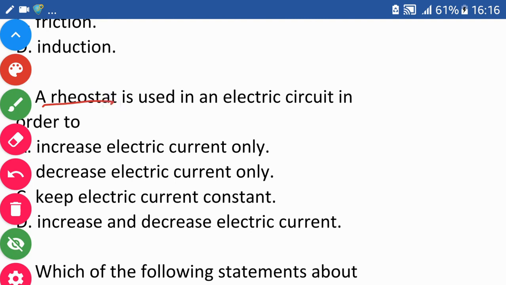It means you can increase or decrease the resistance. Resistors are used in controlling the electric current, so a rheostat can increase as well as decrease the electric current. So the answer is D.